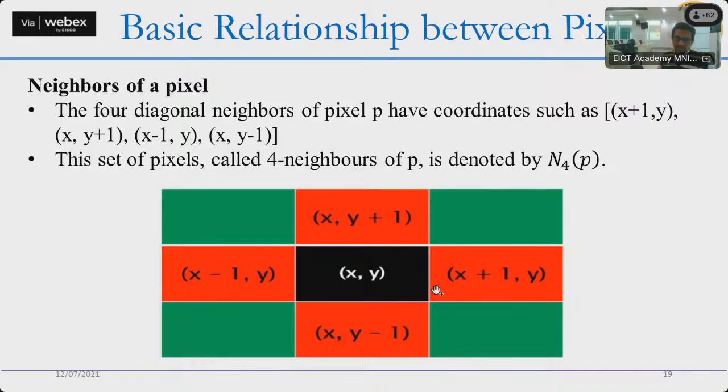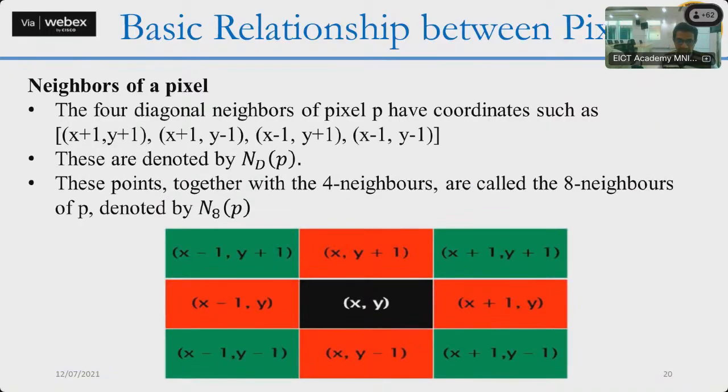But again, depending upon our problem and our objective, we consider a different type of neighborhood region, the 4 or the 8. When we consider these four diagonal neighbors of a pixel, it is mentioned here.